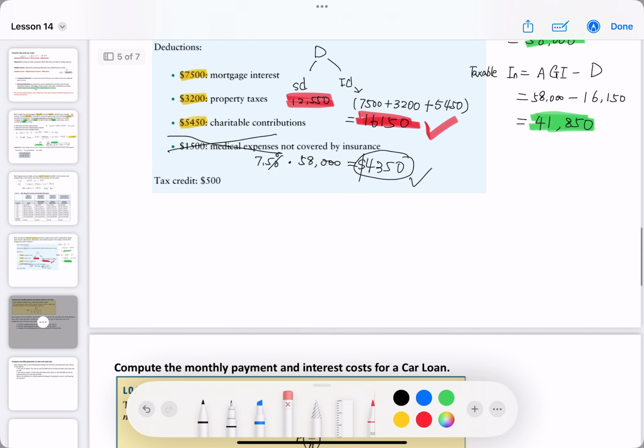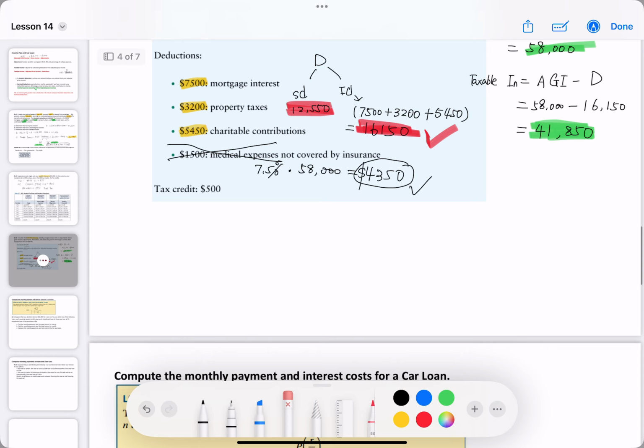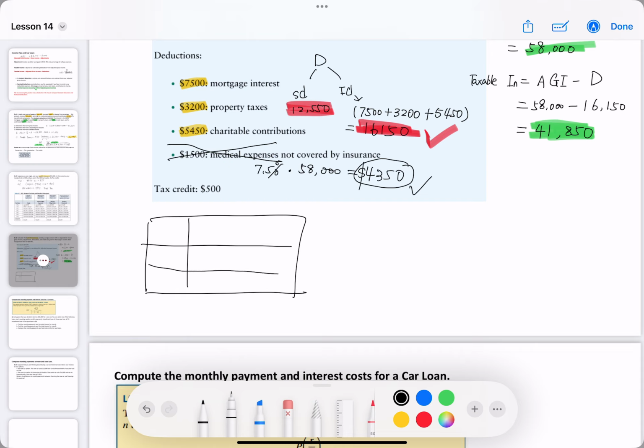Okay, I want to have that table here, but I forgot to draw it, so let's draw that table. This is a single lady: 10%, 12%, and let me find 22%.